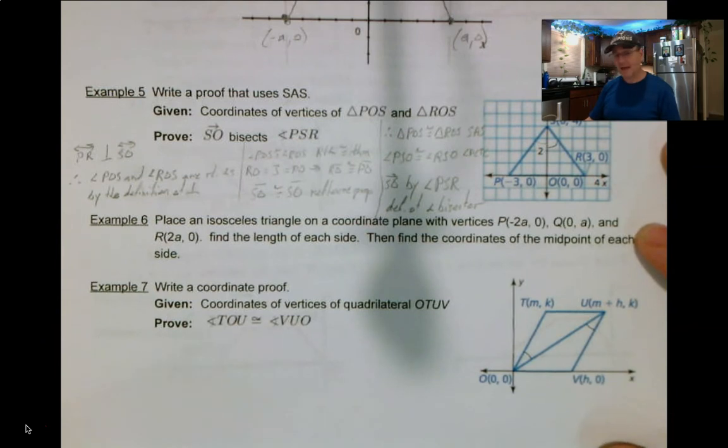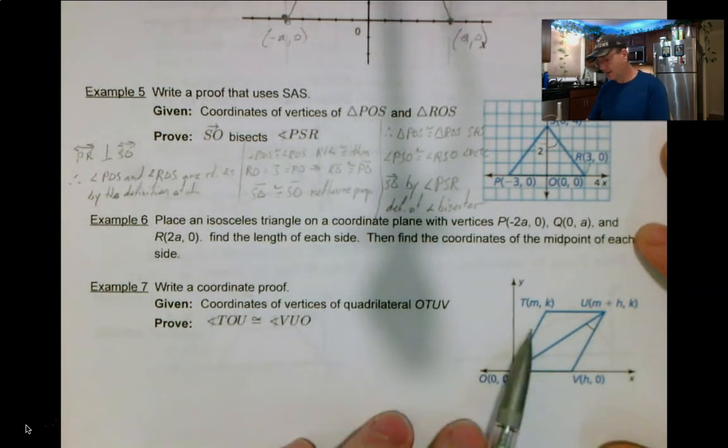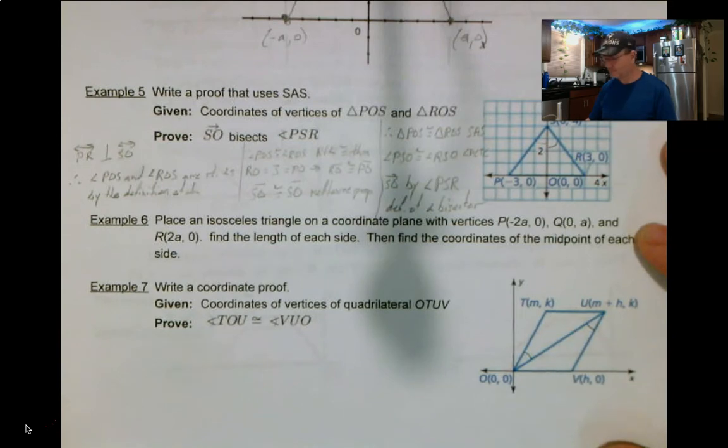So to do that, I'm going to prove that TO is parallel to UV. Why? Because these are alt-int angles. They make that Z-like shape. When they make that Z-like shape, they are alt-int angles. Alt-int angles are congruent if the lines are parallel. Proving lines are parallel in the coordinate plane is easy because we just got to show that the slopes are the same.